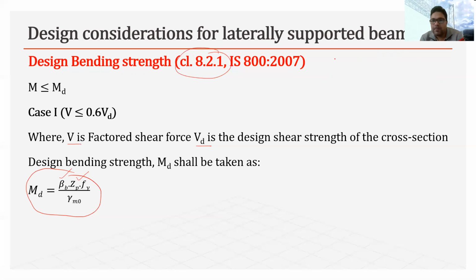Like we have seen, My is the moment of resistance at yield strength, in which case the section modulus is referred to as ZE, into Fy. Similarly, if we find plastic moment, it will be the plastic section modulus.